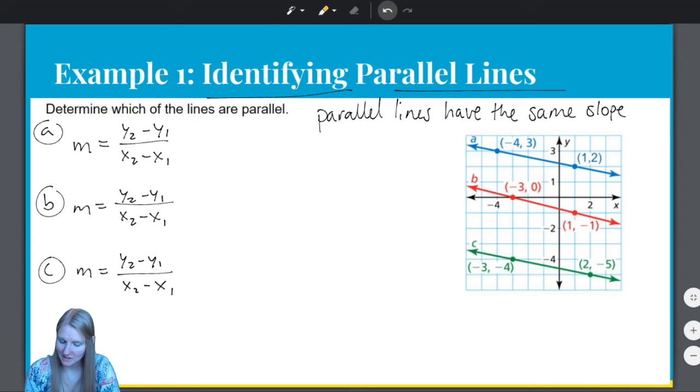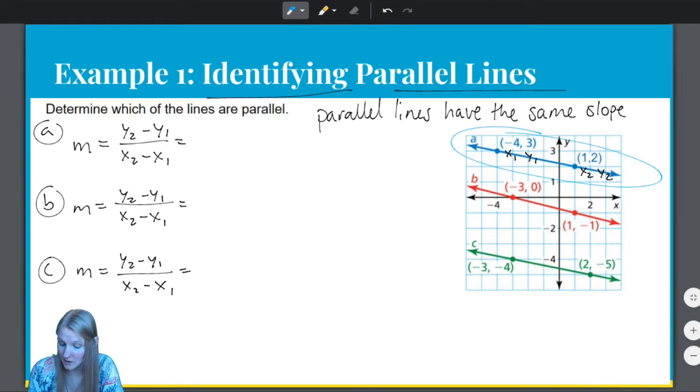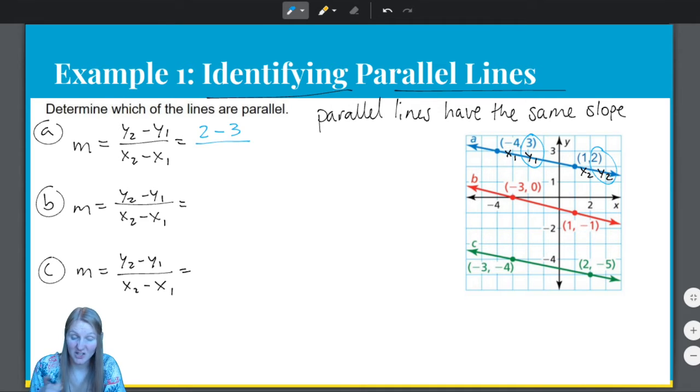So, let's look at the blue line first. We have x1, y1, x2, y2. And now, I'm going to color code. Because part A is the blue line, I'm going to do this in the color blue. So y2 is 2 minus y1 is 3, divided by x2 is 1 minus x1 is negative 4.